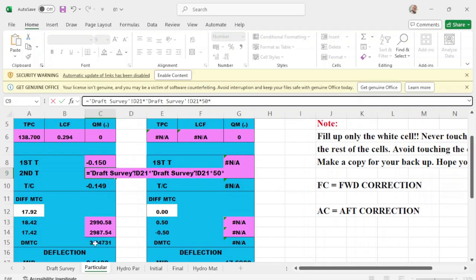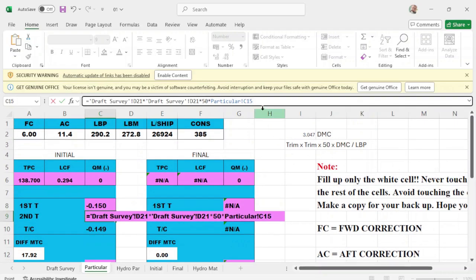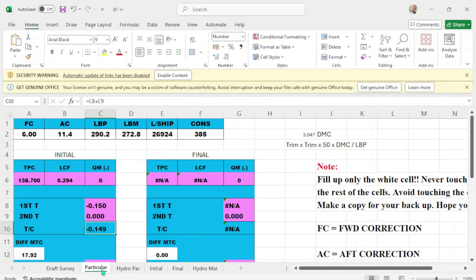Okay. Over, it says over here, LVP. This is LVP. Then you push enter. The value is 0.1495. Okay, TPC.